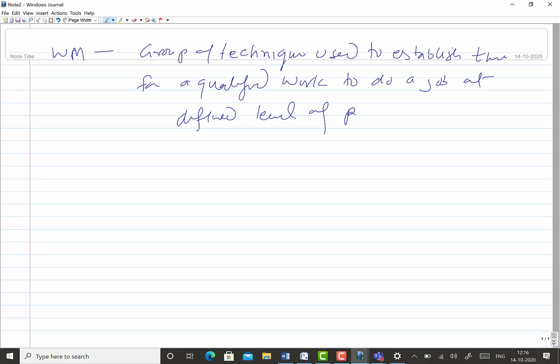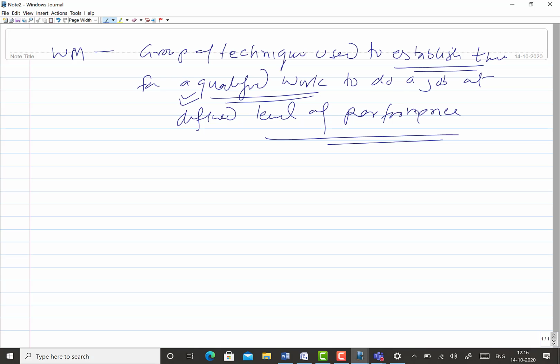level of performance. There are a few things which are new to you and which will be elaborated and discussed a little later. The idea is to establish the time for a qualified worker to do a specific job at a defined level of performance.